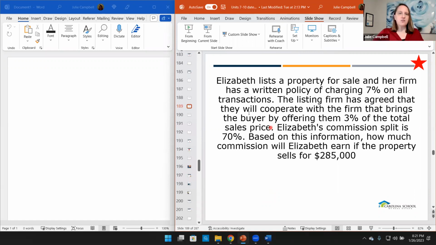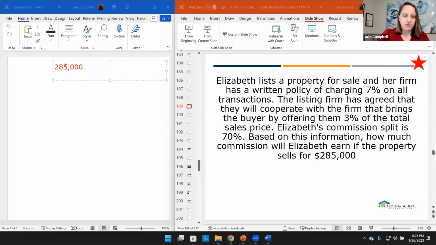So when I map this one out, I know that the sales price is $285,000. I know there's a total of 7% commission. I'm going to take that and divvy it between the list side and the sales side. So we'll call this the list side.